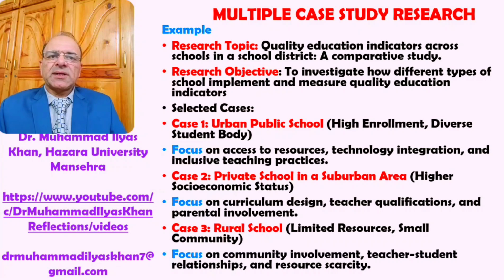Now, as we see, these three schools have different focuses and cater to different sections of the society, and they represent their emphasis on different types of quality indicators. So we want to compare these schools for the quality indicators that they focus on.